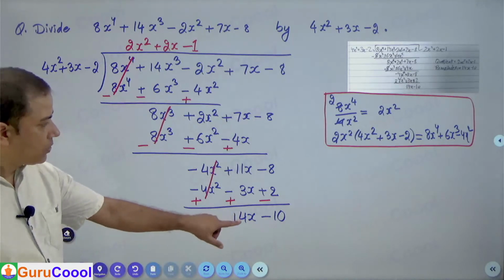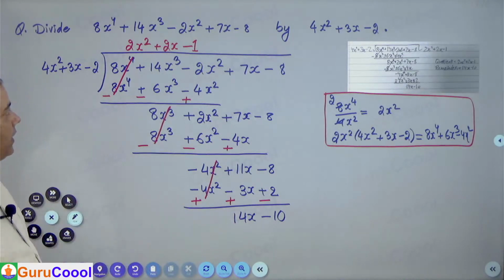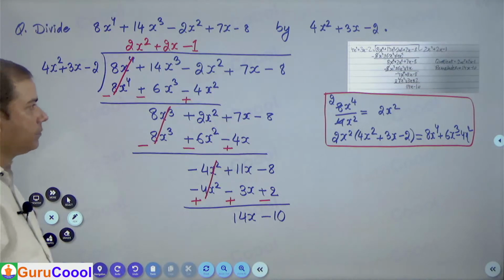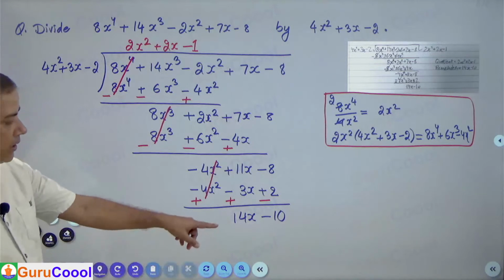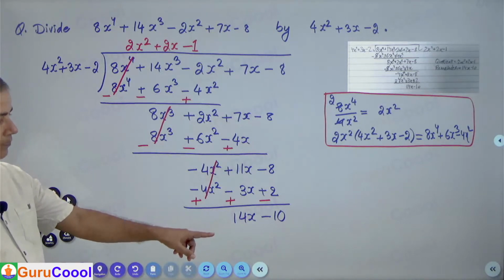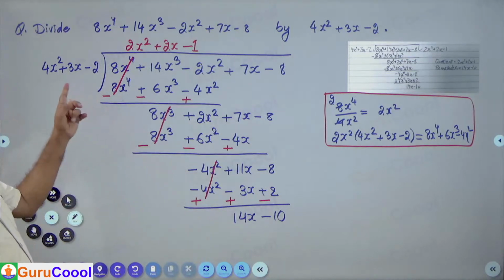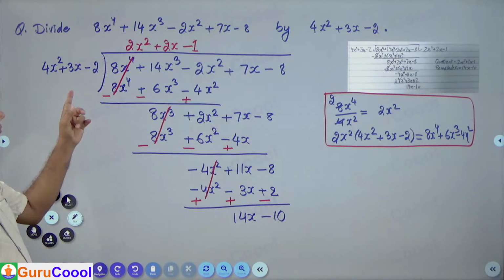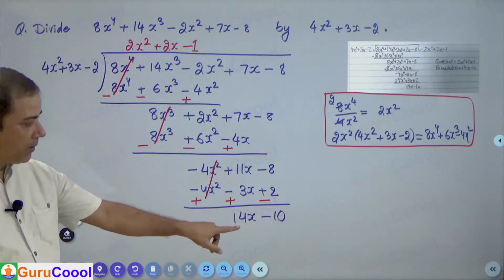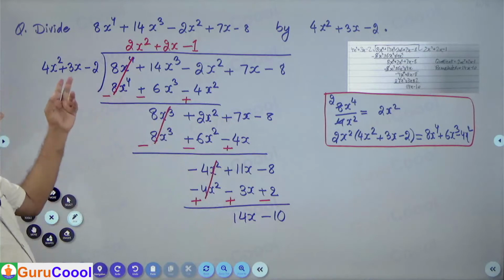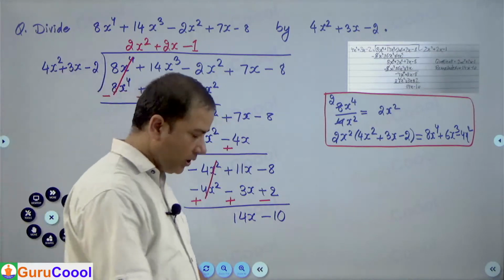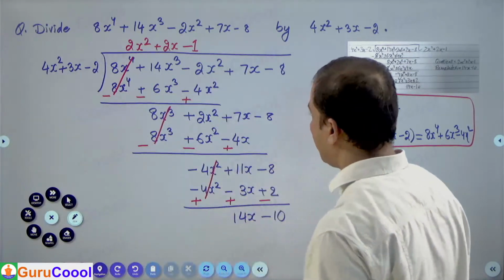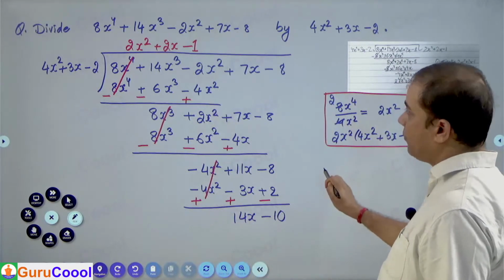Do you think we should continue dividing or stop? Sir, we should stop. What is the degree of remainder? Sir, 1. And degree of divisor? Sir, 2. Right. So degree of the remainder is lesser than the degree of divisor. Now our work is over. We stop and write the final answer here.